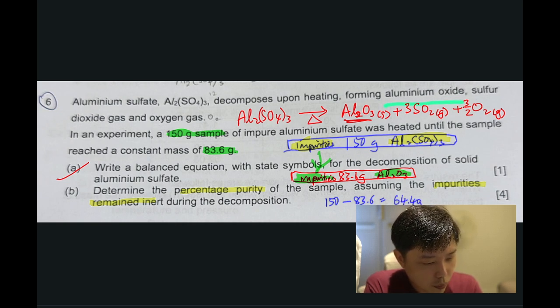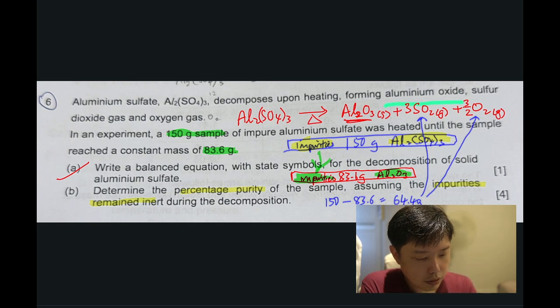This 64.4 grams has to be equated to the 3 moles of sulfur dioxide and the 1.5 moles of oxygen. So you take just this mass and equate it to both of these gases.